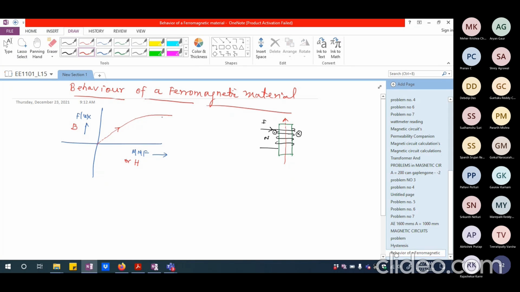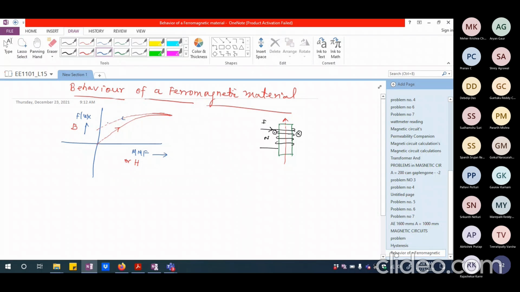But in this particular sample, if I try to reduce the current or MMF, it is actually going to be pretty obstinate. It is not going to come down in terms of its magnetic flux density, but after a lot of reduction in the value of magnetic field intensity, I'm going to have this flux retracing the path somewhat like this.